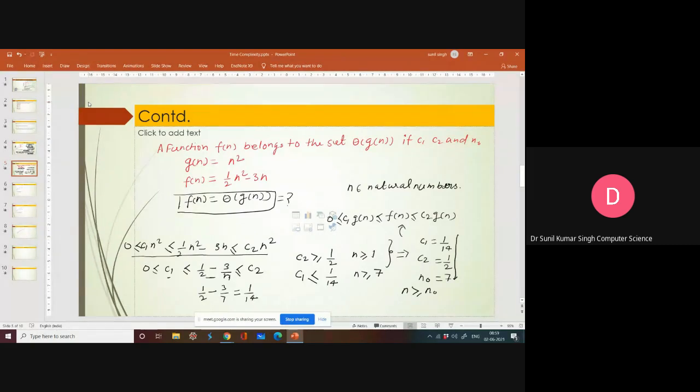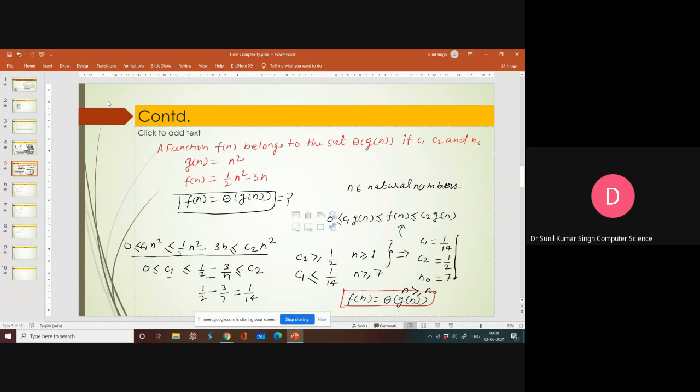Then we can say that we can write Fn is equal to theta of g of n.